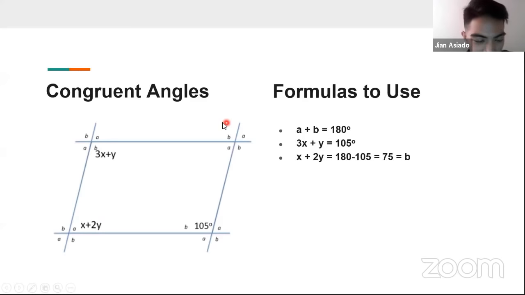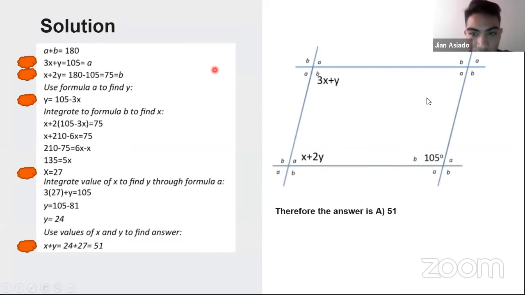Ayan, nakapag-next na. Okay, so, ayan, makikita naman dito yung congruent angles, no? The formulas to use. Okay, so, yung gusto kong pay attention nyo, this one yung may clouds, no? So, 3x plus y is equal to 105. No, ayan nga, yung sabi ko kanina. Then, this one, eto, no?